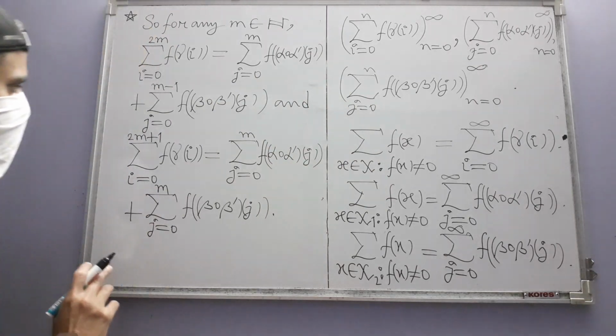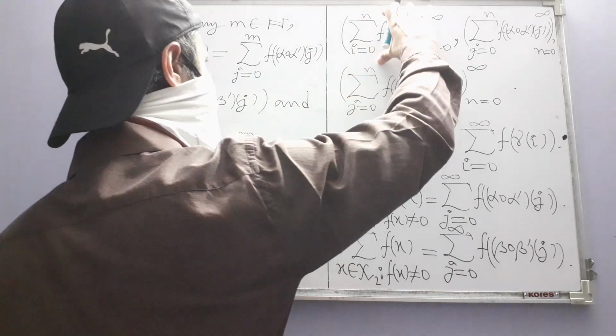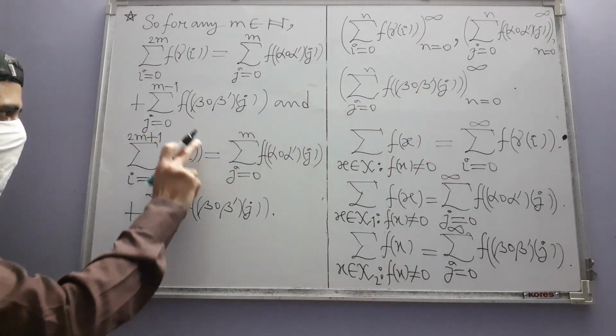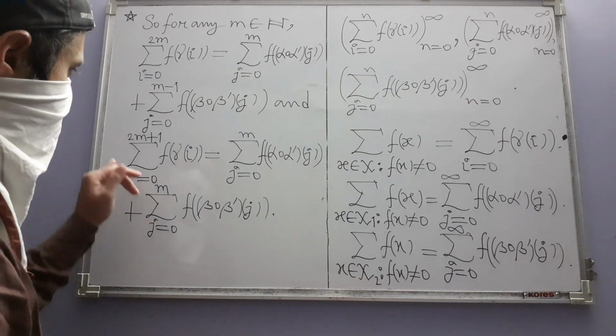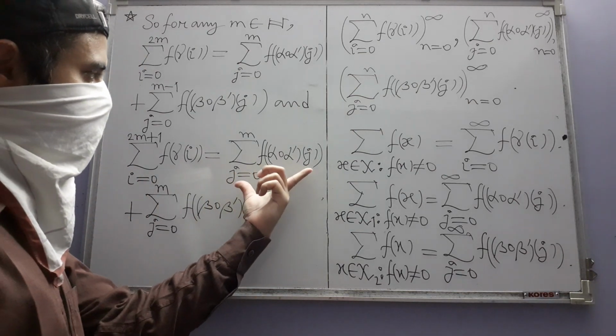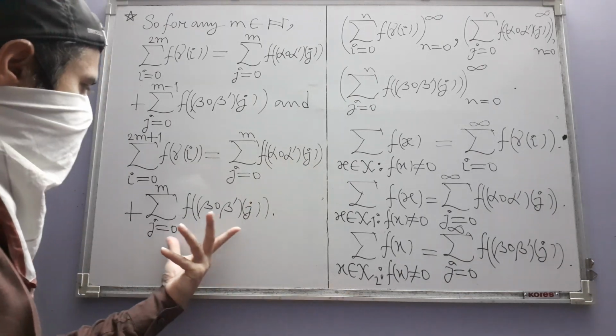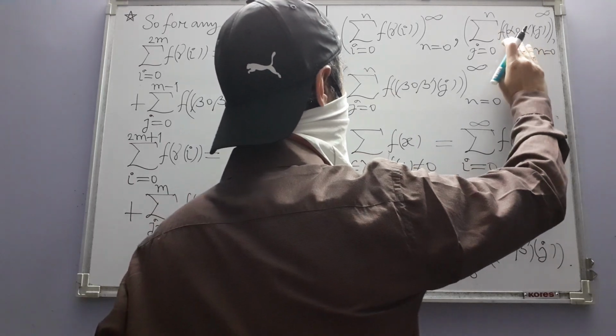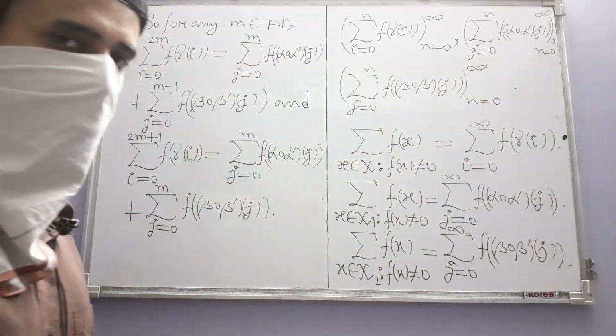Okay. Similarly, if you consider the other subsequence of this where n is odd, then you get this kind of sums. Here also, if you take the limit as m approaches infinity, that is the limit of this as m tends to infinity plus the limit of this as m tends to infinity. Again, the limit of this plus the limit of this.